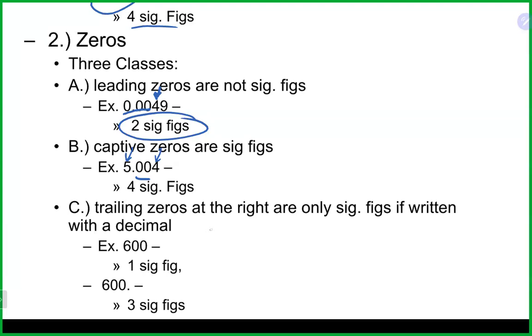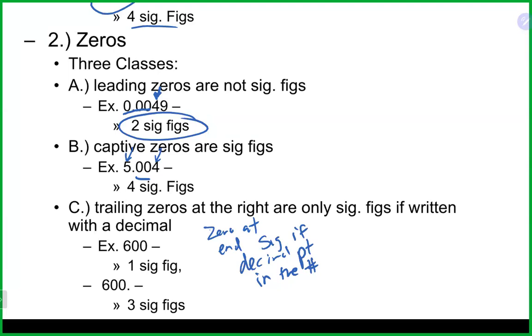The zeros at the end are significant if there is a decimal point in the number. That decimal point doesn't have to be sitting next to those zeros. It could be anywhere in the number, and if you have a decimal point, any zero that comes at the end will be significant.